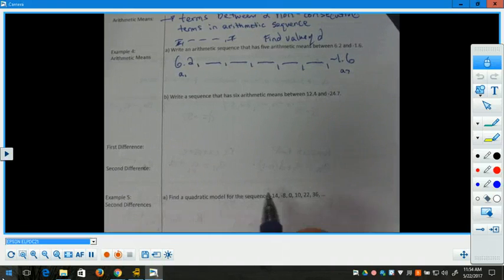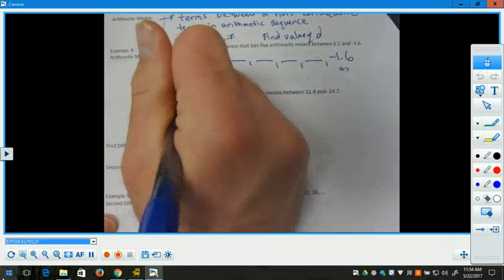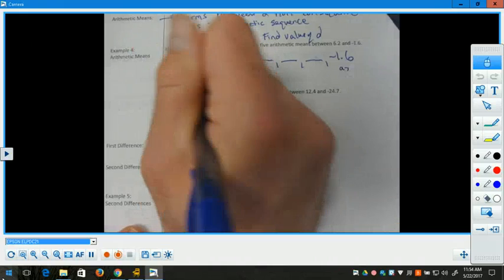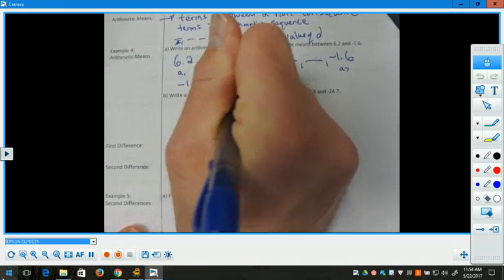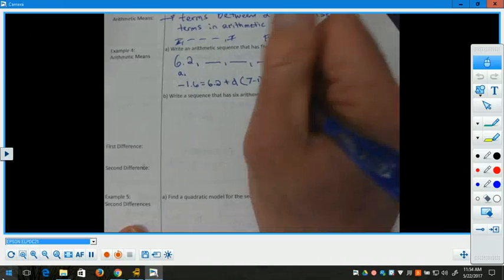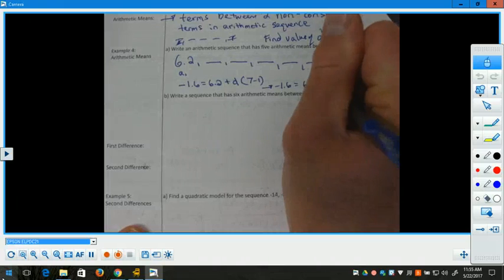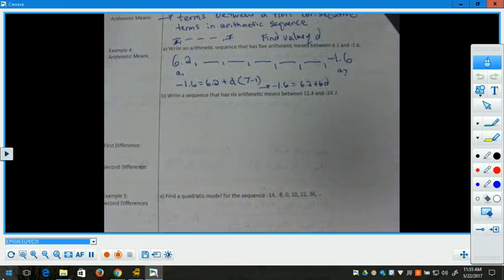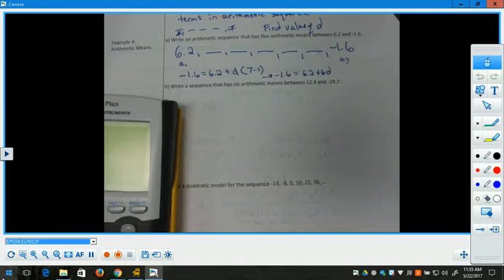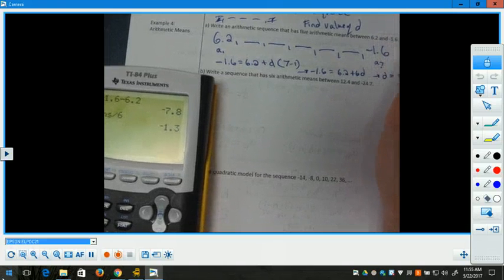So I will have my negative 1.6 being my 7th term equals my first term plus d times n minus 1, in this case, position 7 minus position 1. So I have negative 1.6 equals 6.2 plus 6d. From my negative 1.6, I'm going to subtract 6.2 and divide by 6, giving me a value of d of negative 1.3.